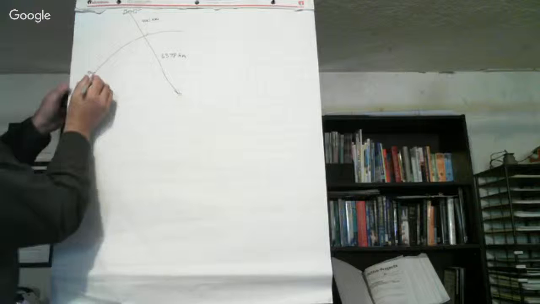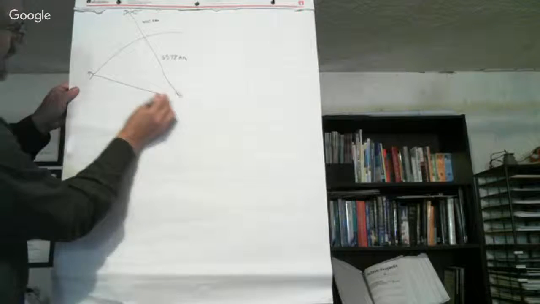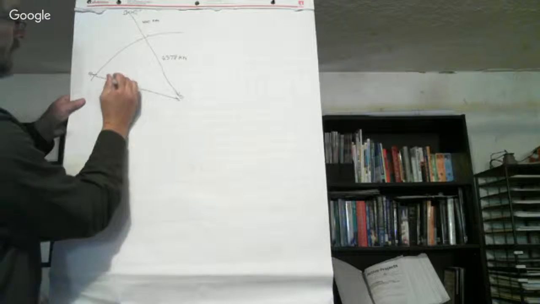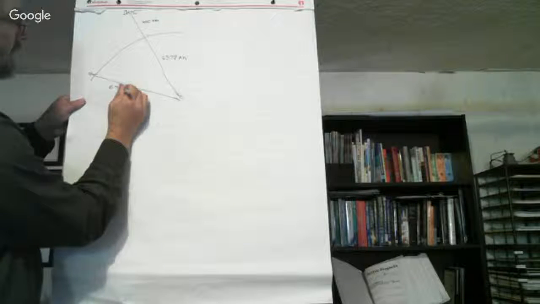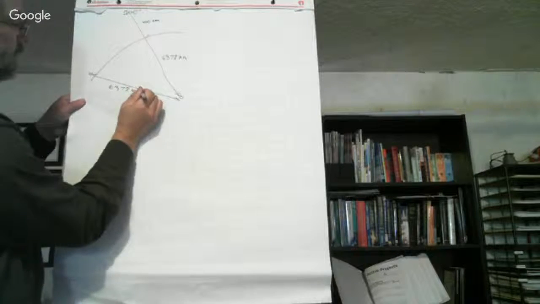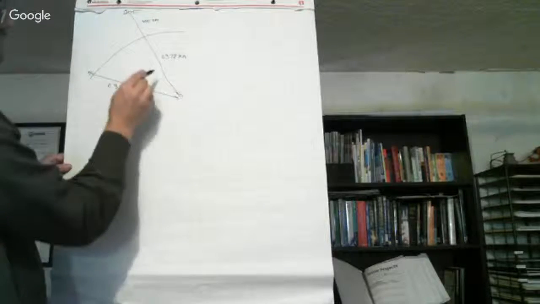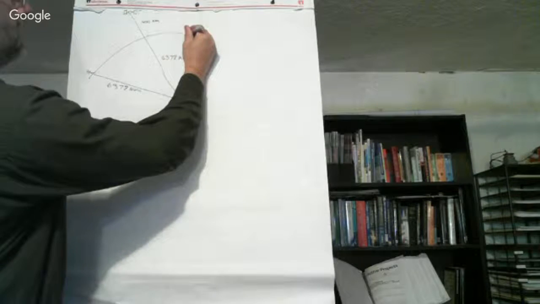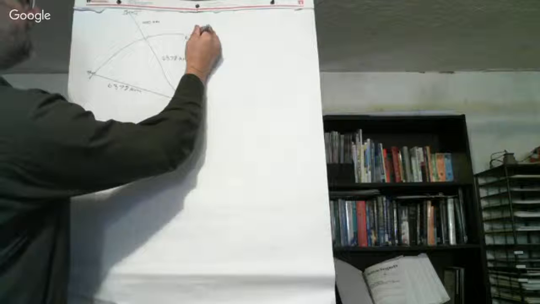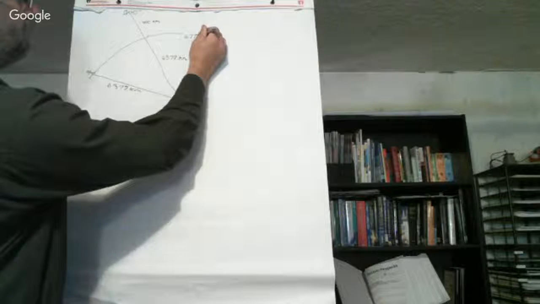So that means that our point is also 6,378 kilometers. This particular section here is a combination of the two, so that plus that yields 6,778 kilometers.